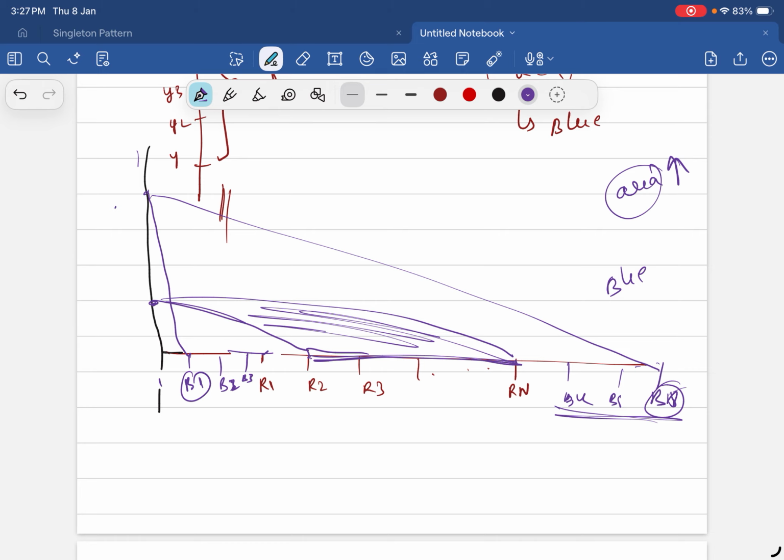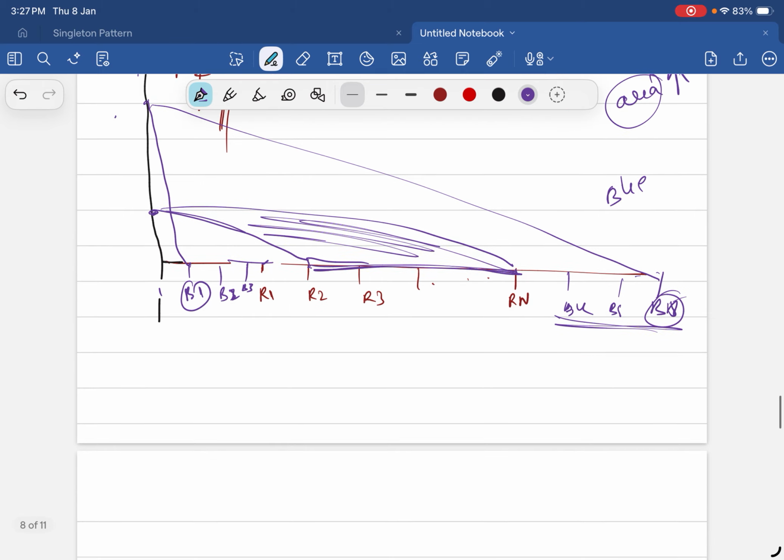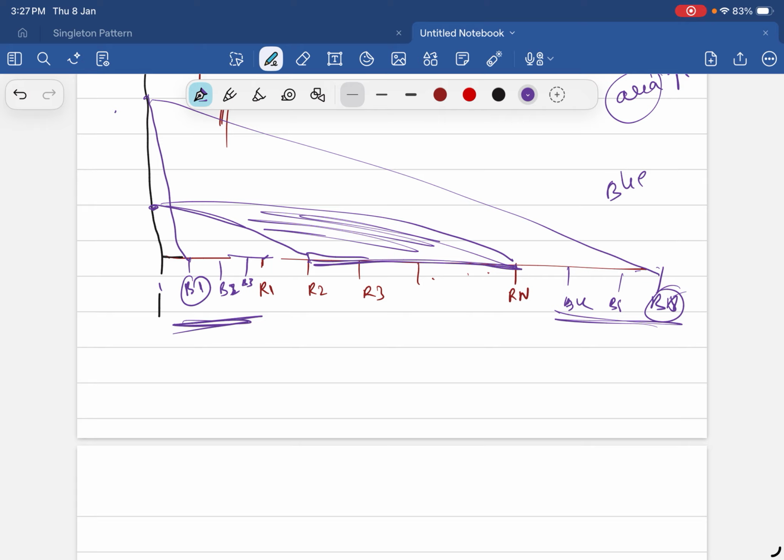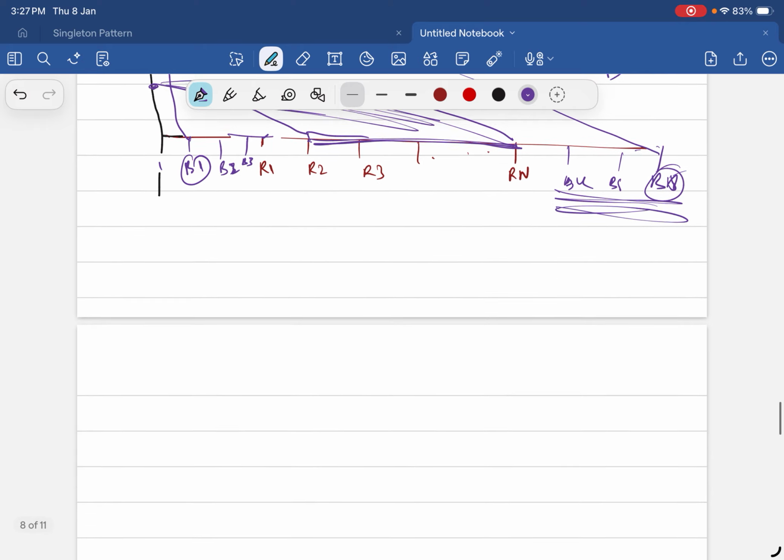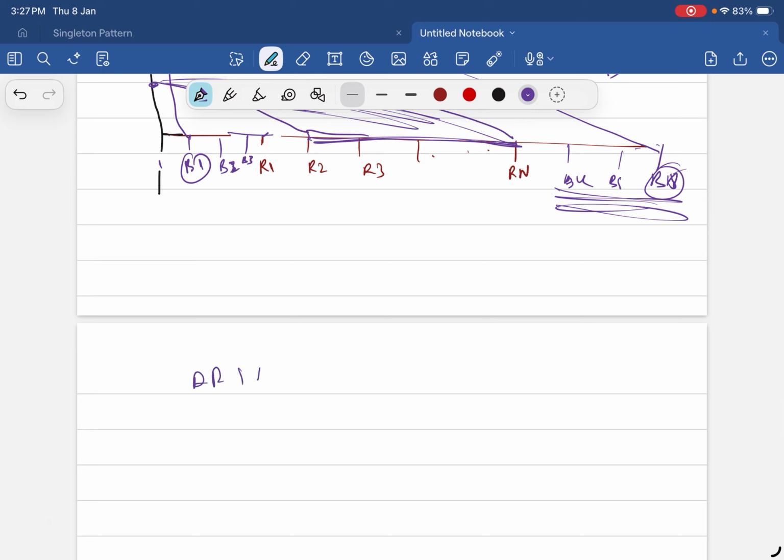I want to increase the area for both the triangles formed, which is the monochromatic number, so I should not take blues here, blues here, and blues here, or blue, then red, then blue, or red, blue, and red.